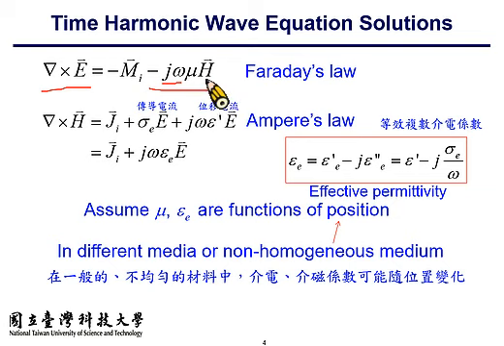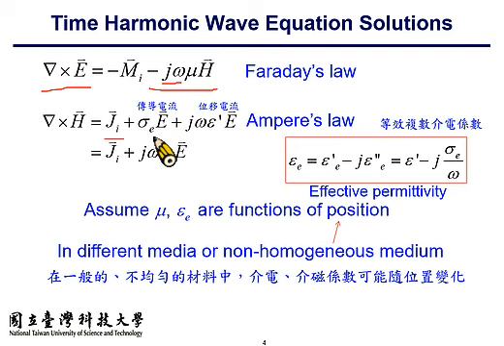And the same thing can be applied to Ampere's Kirchhoff law. Again, the left-hand side is the curl of H, the magnetic field intensity, and the right-hand side is your source, the Ji, the impressed current, and the induced current.